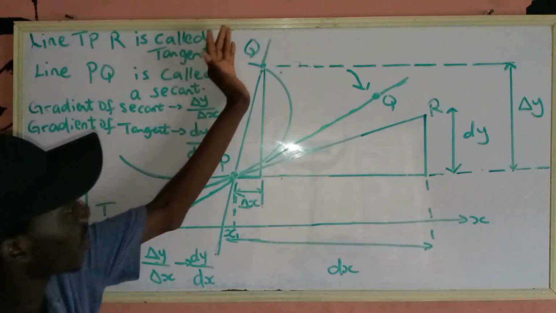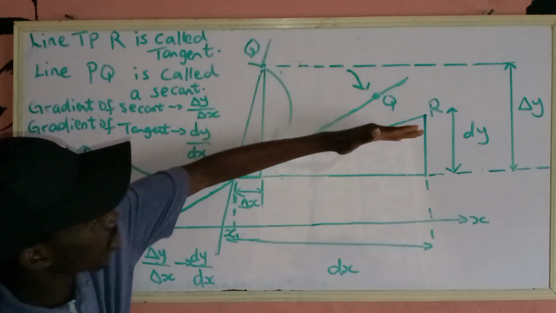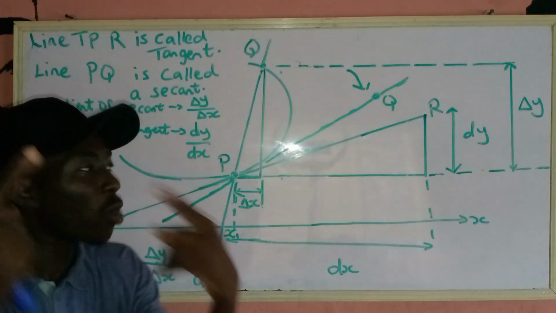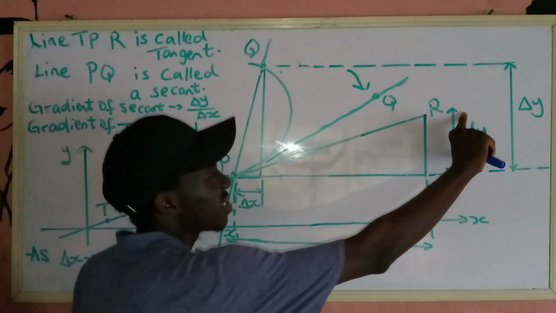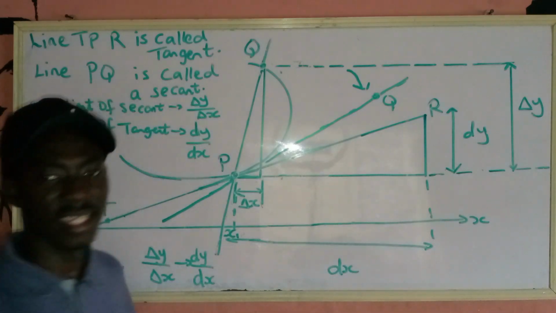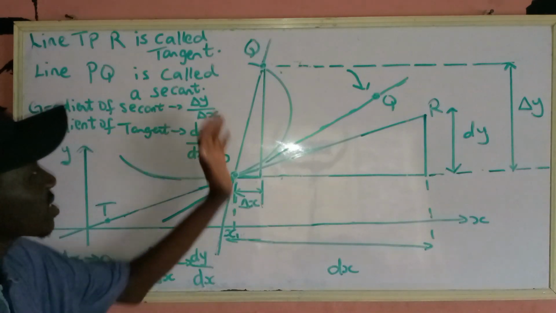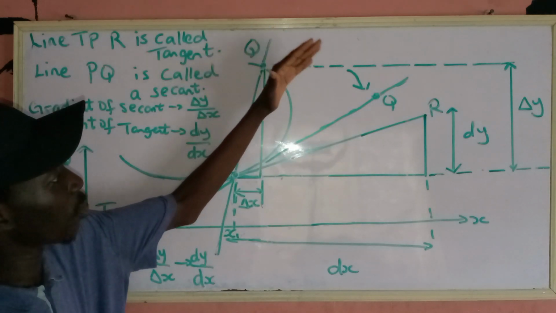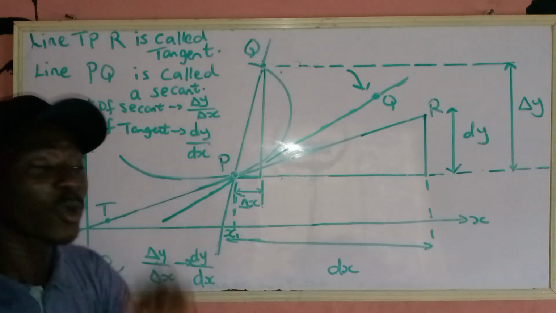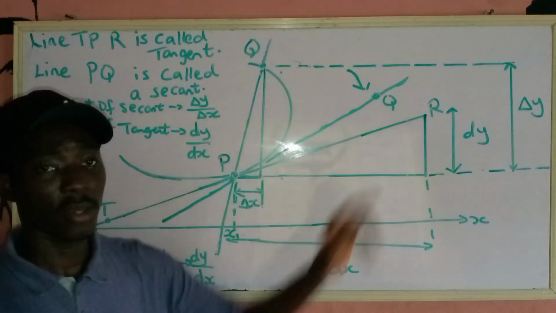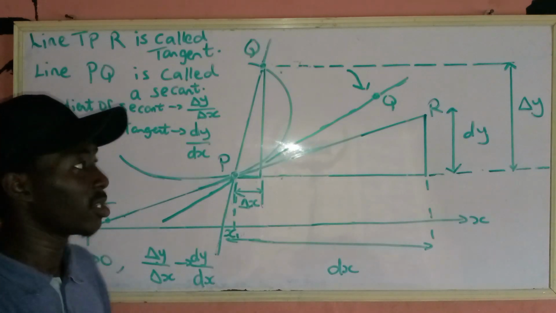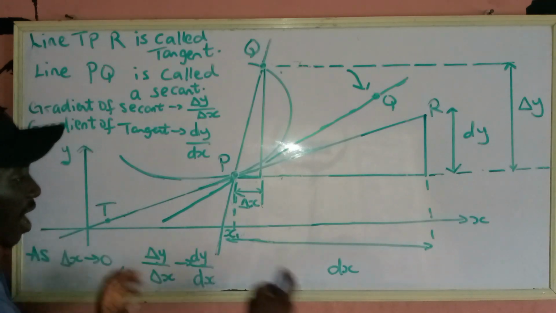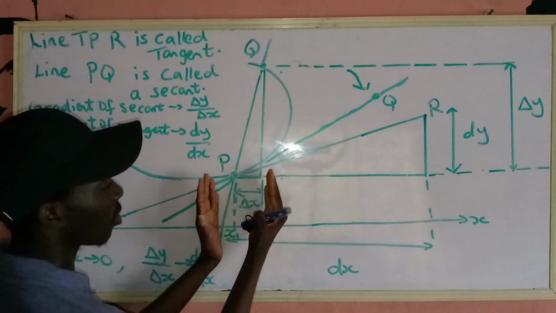But when you start turning it, it becomes this line, and that indirectly becomes this dy over this dx, because it's now the line TPR. So when you turn line PQ clockwise and it reaches here, it becomes line TPR, and that becomes the dy dx. So algebraically, we write it as this stuff becomes 0.